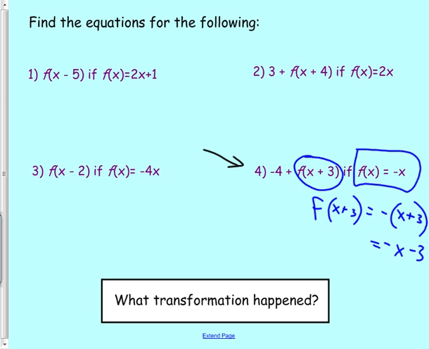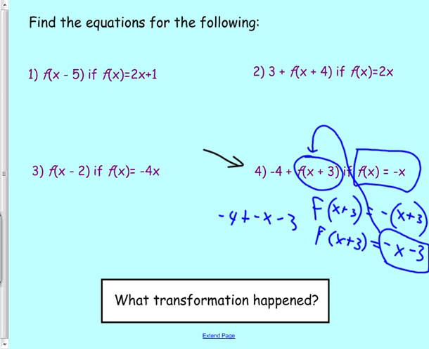Some people probably forgot that last little negative there. And I'm going to now say f of x plus 3 is that, so I'm going to drop that right here, and my final answer will be negative 4 plus negative x minus 3, but I got to simplify it. And so that makes, let's see, if I put the two negatives together, it makes it negative x minus 7. Raise your hand if you got that one right.